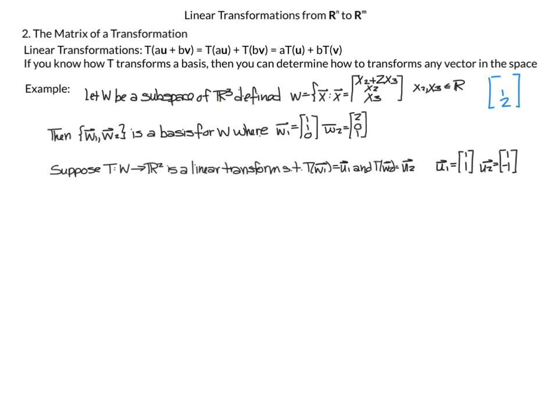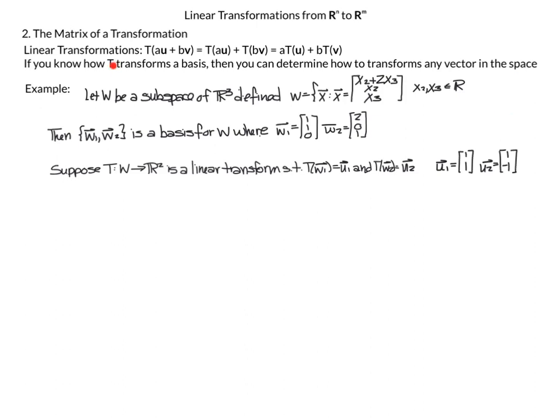So an example of a vector in W: if the second coordinate is 1 and the third coordinate is 2, then the first coordinate has to be 1 plus 2 times the third coordinate, so 5.